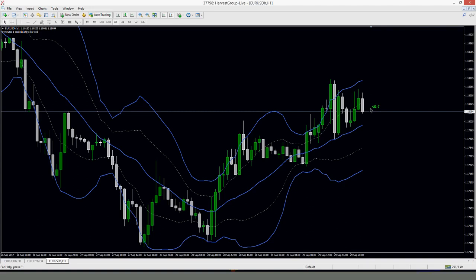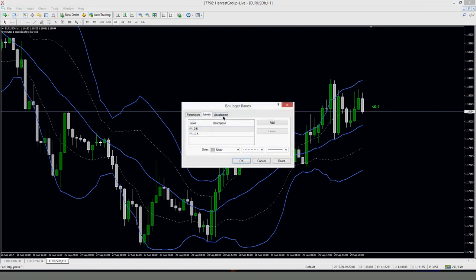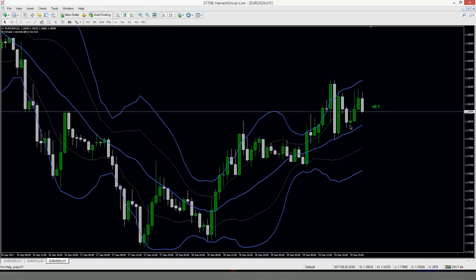For those who don't know about deviation 1, the Bollinger Band is exactly the same: period 20, deviation 2, apply to close, whatever color you want, and you just add levels 0.5 by clicking on this tab, and minus 0.5. I just use the dash so that it makes it more visual to me.